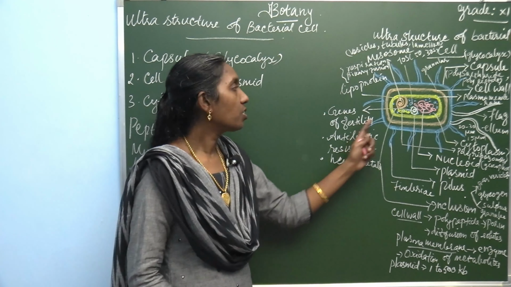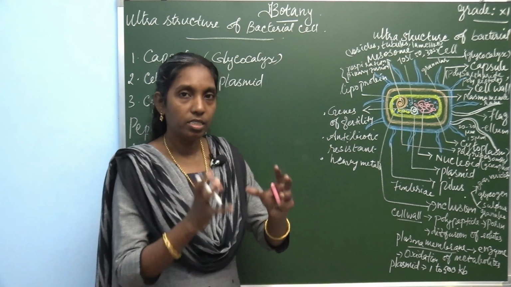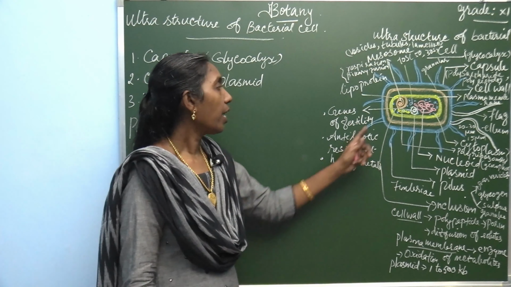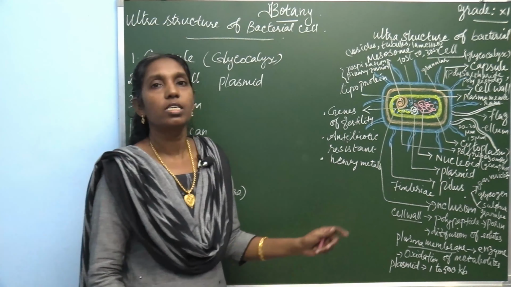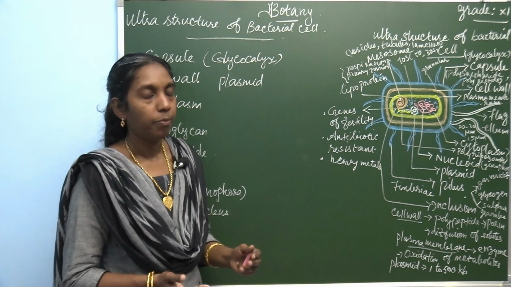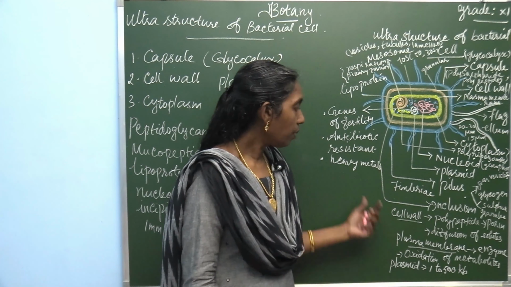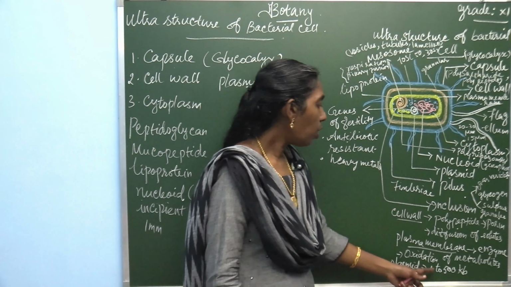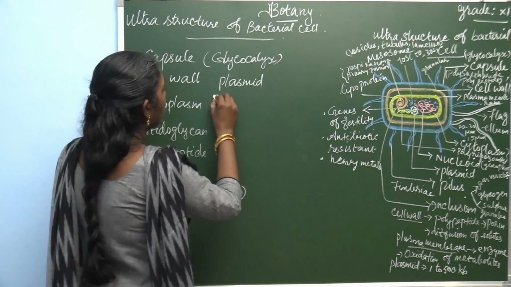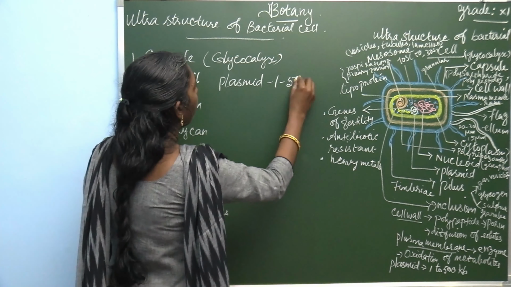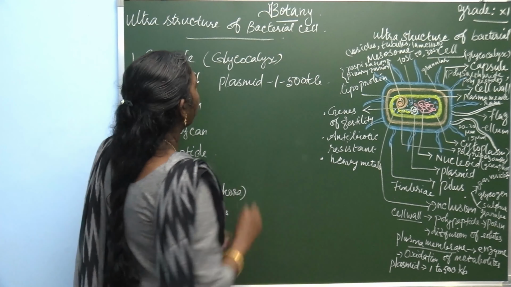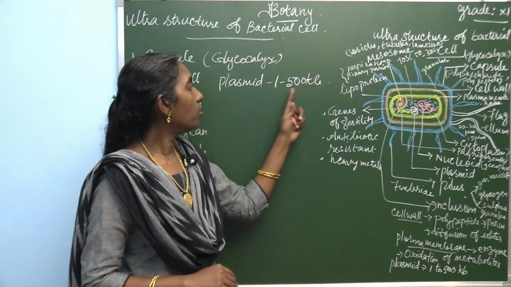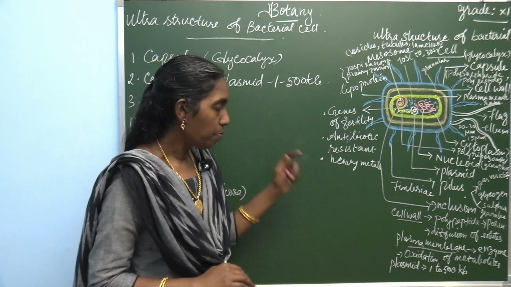All the genes of fertility are located within the plasmid, as well as antibiotic resistance and heavy metal resistance. The size of plasmids ranges from 1 to 500 kilobases.